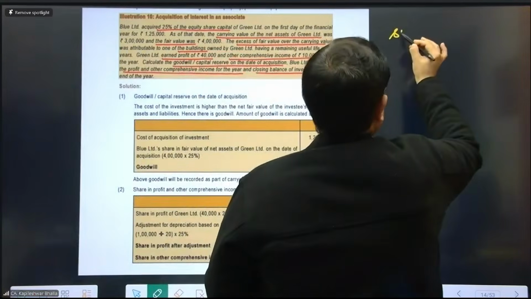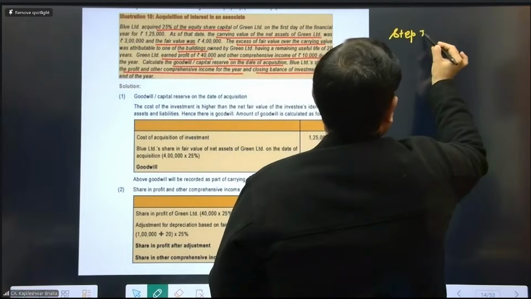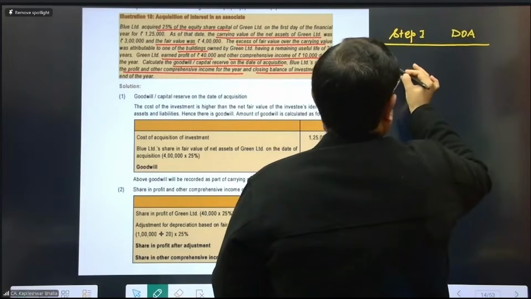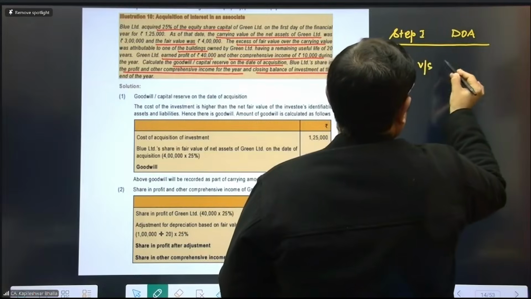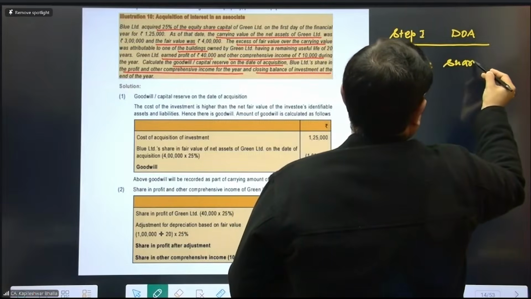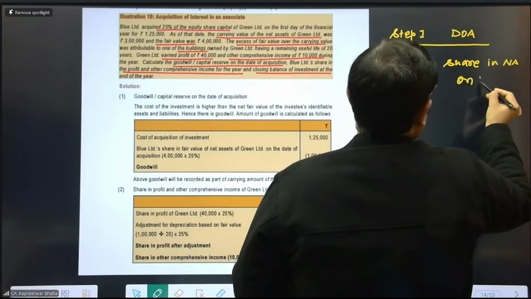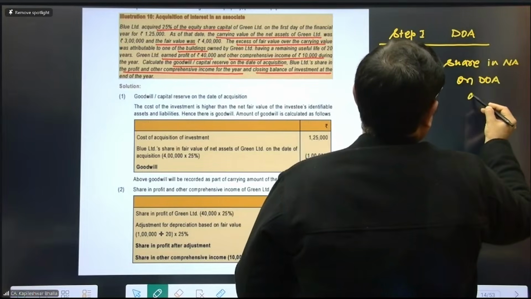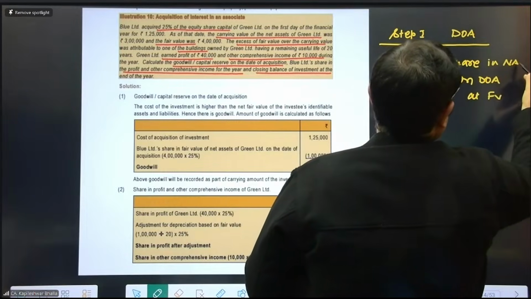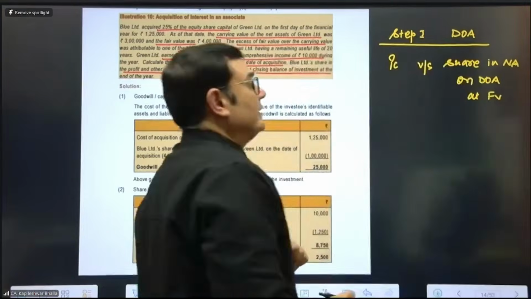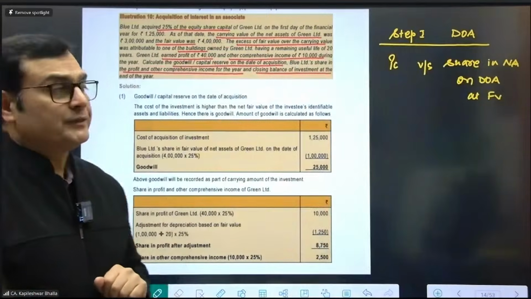So as an application, we start with the step number 1, which is on the date of acquisition. We compare the purchase consideration versus the share in net assets on date of acquisition at a fair value.